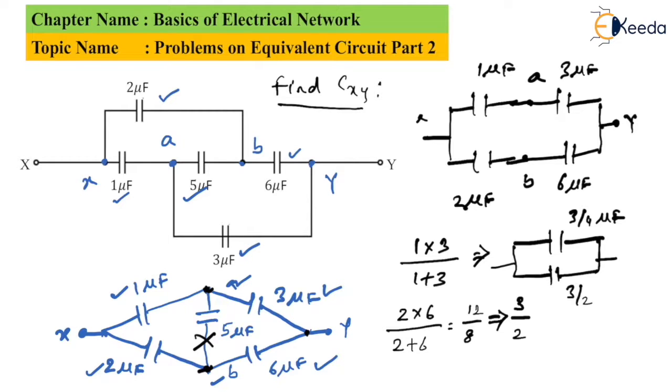Finally, I can say that CXY will be equal to 3/2 plus 3/4. By having LCM as 4, I need to just multiply with 2 in the numerator, which becomes 6 plus 3 divided by 4, which comes out to be 9/4, unit is microfarad. Finally, we have the CXY value as 9/4 microfarad.